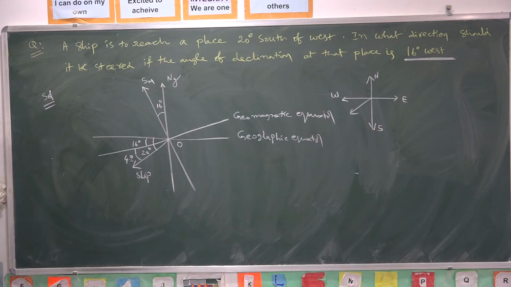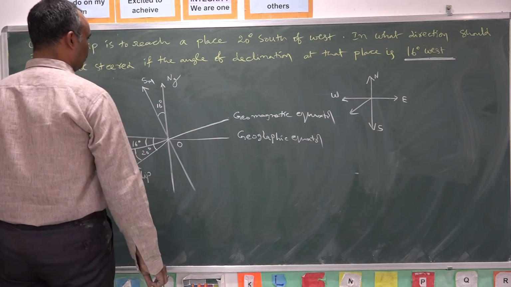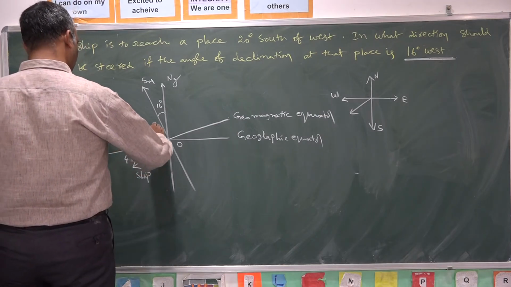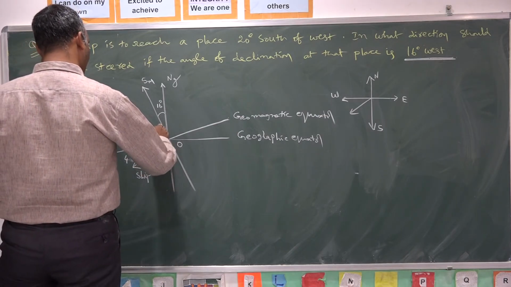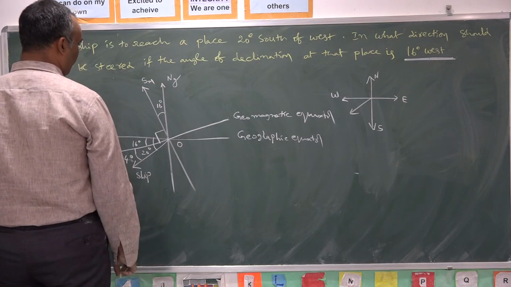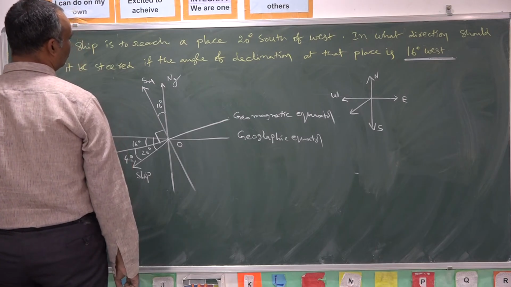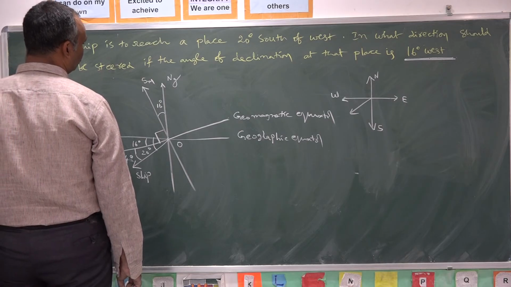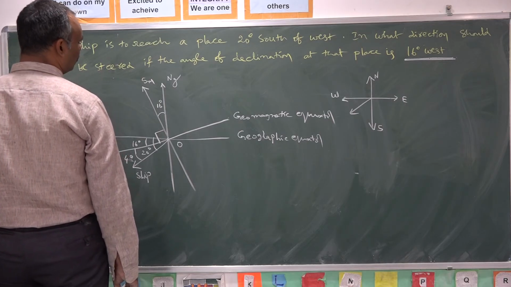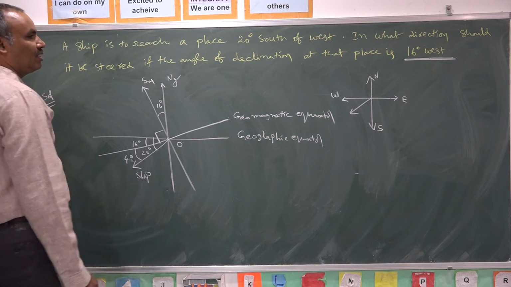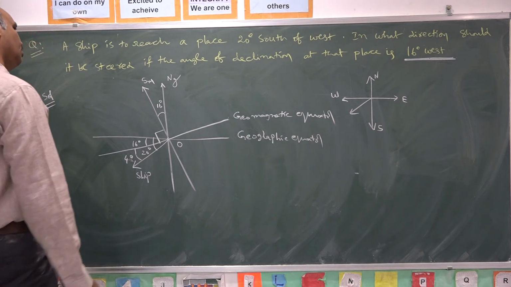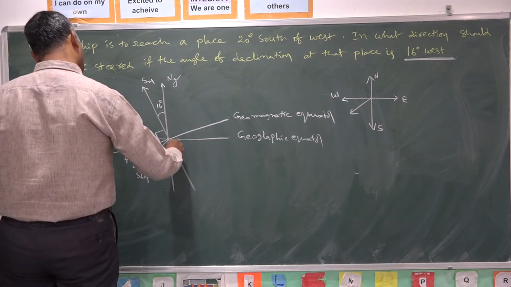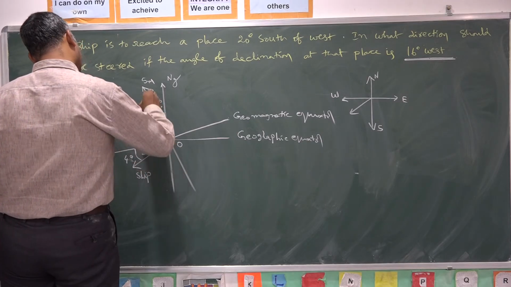So you already know that this angle is 90. So our compass needle will be in this direction.